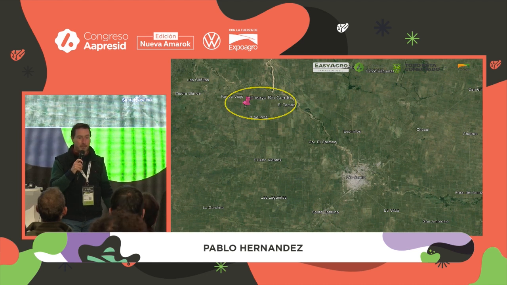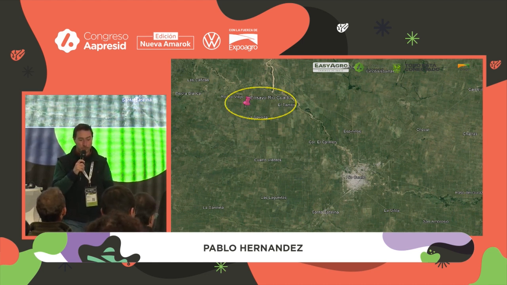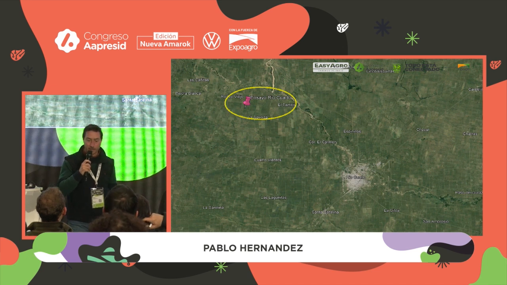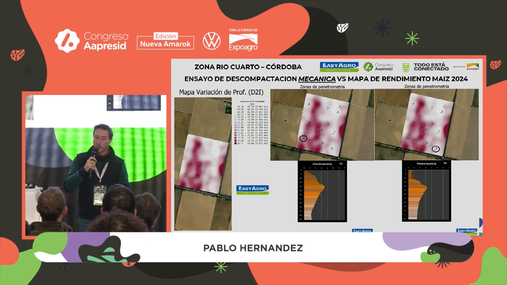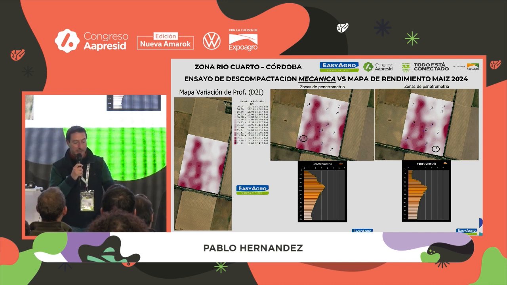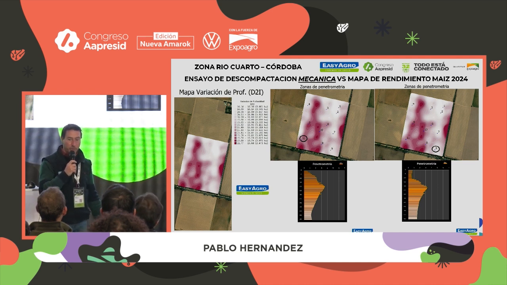This is an experiment we did this year, in 2024, in the northwest of Rio Cuarto in Córdoba. In this study, in 2023, we had scanned the lot. We found compacting problems between 11 and 16 centimeters.